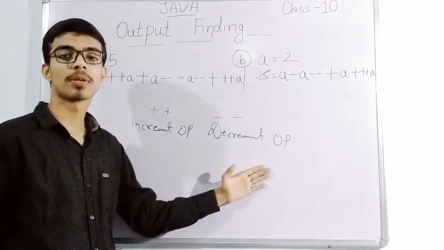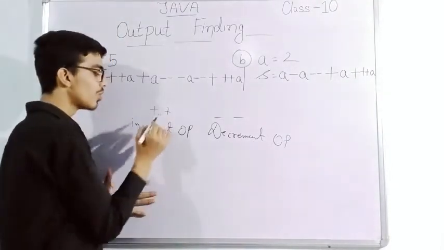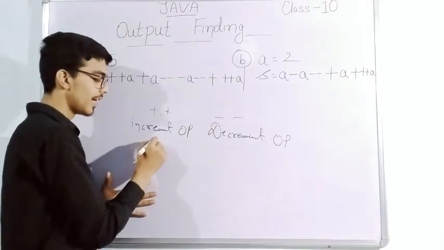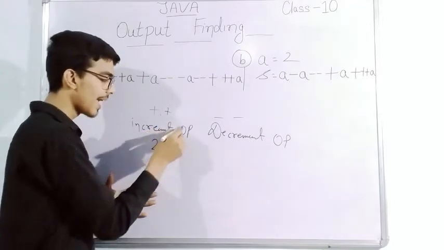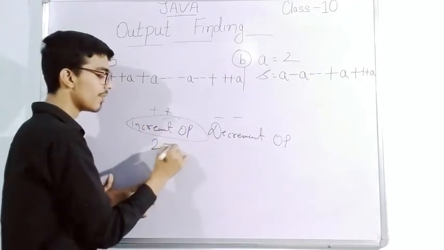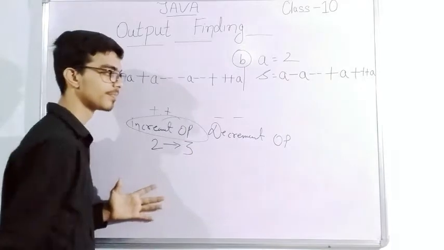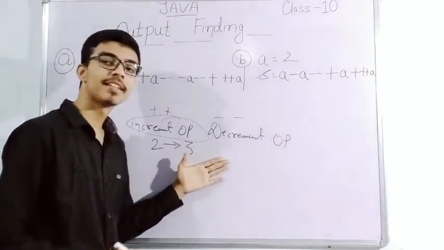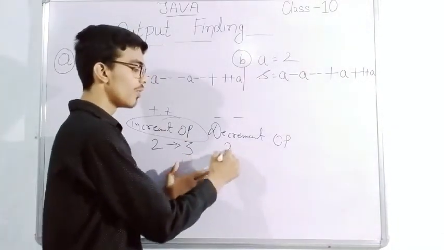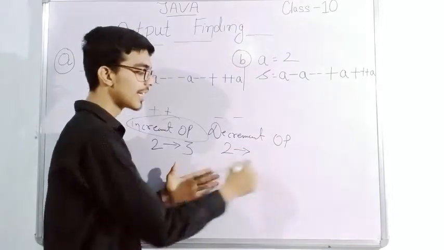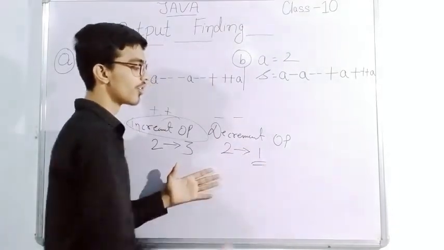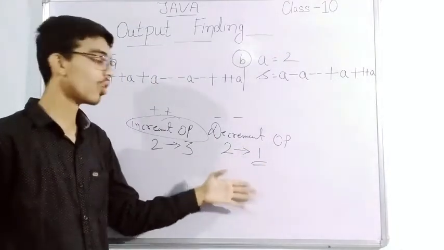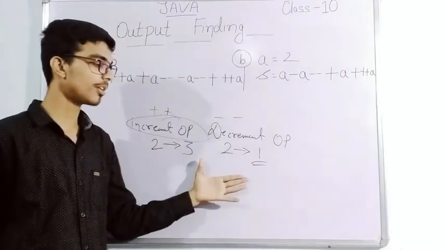If the value of this is 2, then applying the increment operator we will get the value 3. Same case here, if the value is 2, then we'll get the value 1. So this is the simple task of increment and decrement operators.